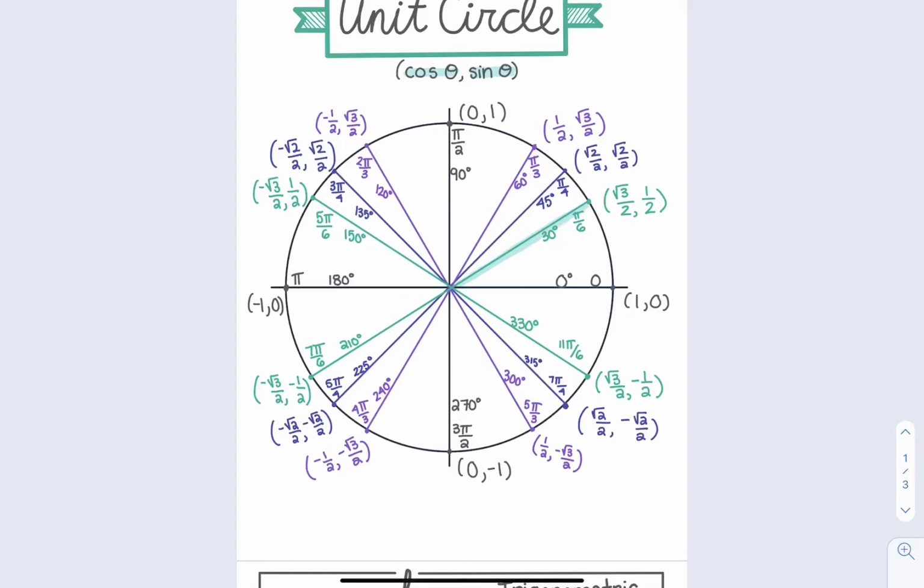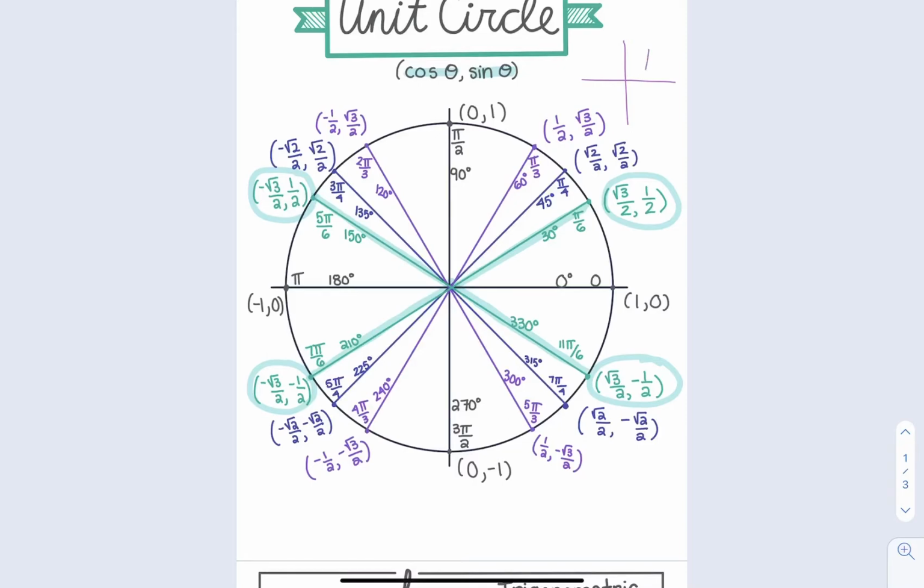So if this is 30, remember the three angles that correspond to 30 degrees are 150 degrees, 210 degrees, and 330. Notice for these 4 points, they all have really similar values of cosine and sine. The only difference is whether they're positive or negative.